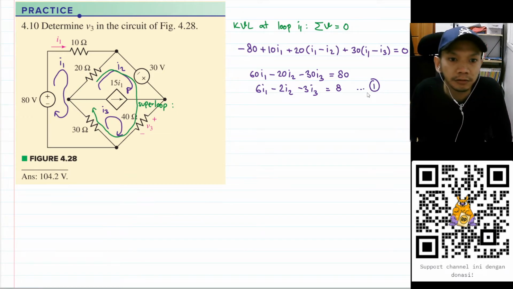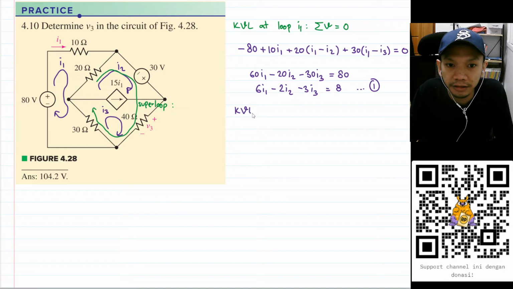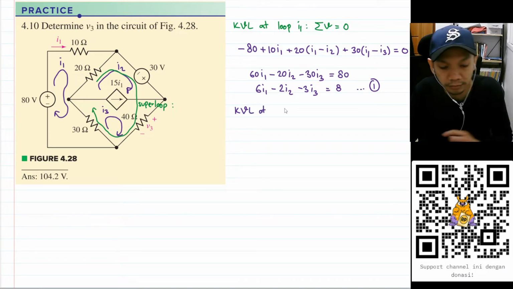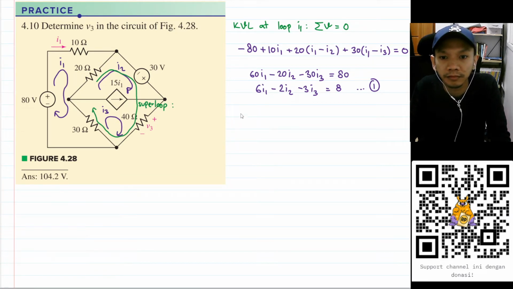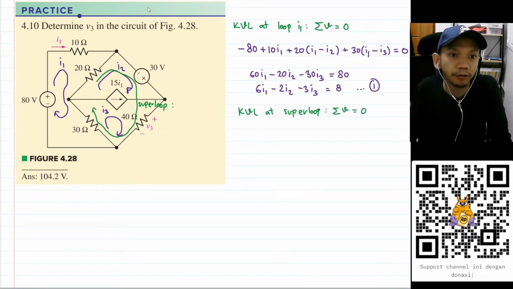And now we can do KVL at the super loop. I should use green here. KVL says that the sum of voltages in a loop will equal 0.